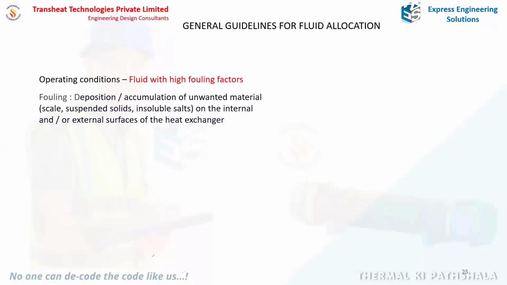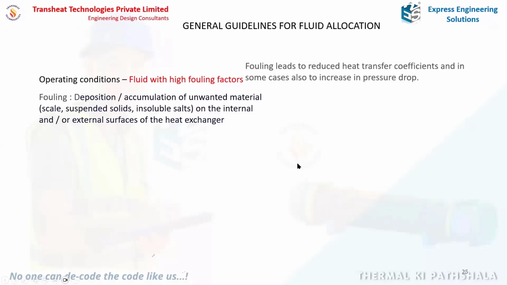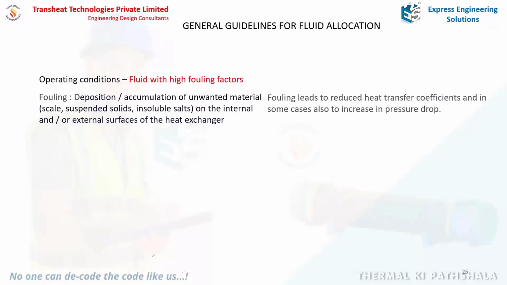If the fouling fluid is on the tube side, it would be fouling the inside surface of the tubes. In either case, fouling will lead to a reduction in the heat transfer coefficient, and in some cases to an increase in the pressure drop also, because if the fouling is extensive, it forms a layer. Once a layer is formed, it reduces the cross section for flow, and this leads to an increase in the pressure drop on that side.